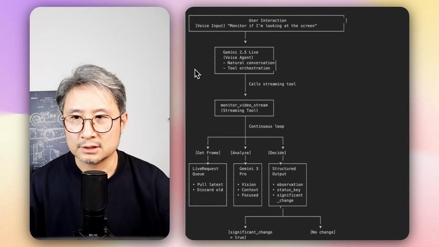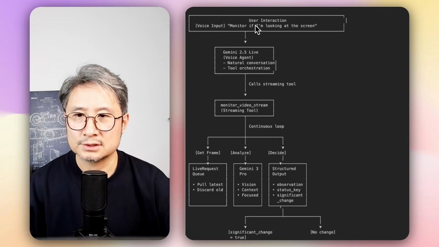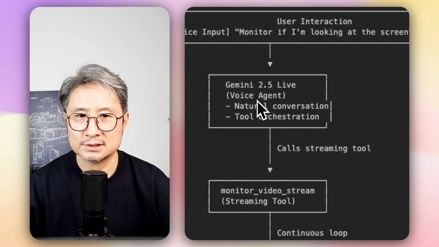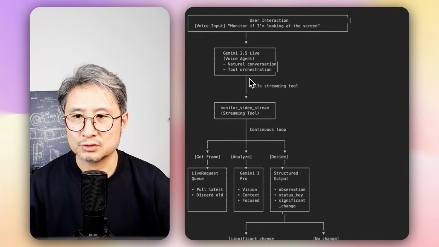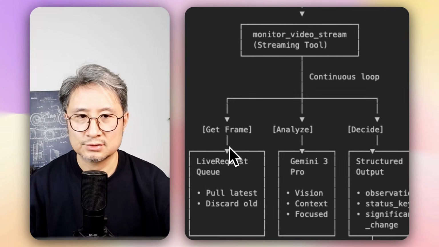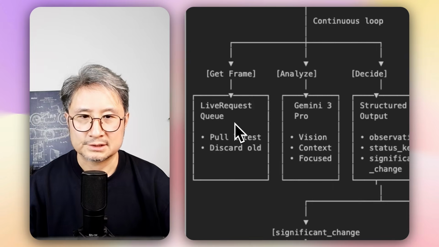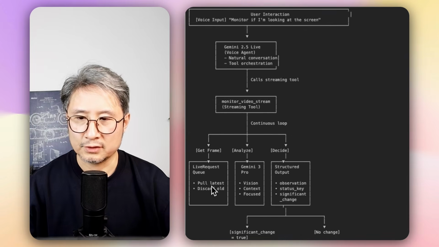By looking at the workflow chat, you will understand the internal logic of this agent. So here the user speaks, "monitor if I'm looking at the screen," and the Gemini 2.5 live model understands the intent and calls the monitor video stream tool, which is a function registered to this agent. This tool will enter the continuous monitoring loop with 3 logic paths. Frame processing is to push the latest frame from the queue and discard the old frames.